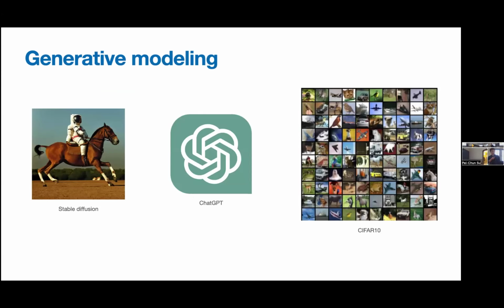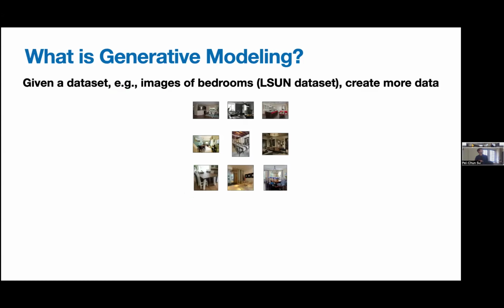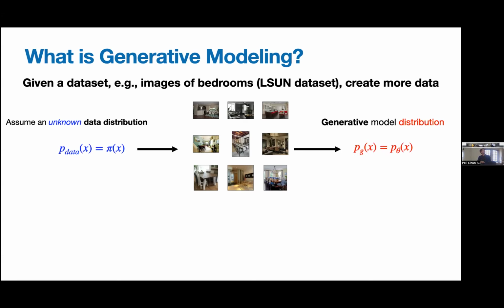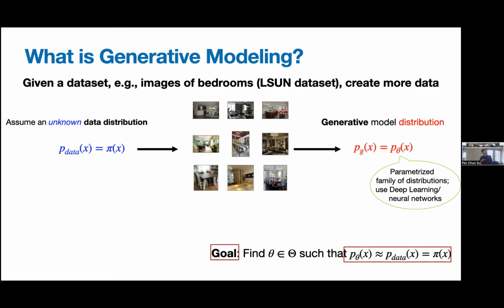Okay, so let me give you a rough picture of what generative modeling is. You know well about ChatGPT or image generation. The overall picture of generative modeling is that suppose you have a bunch of training data drawn from some unknown data distribution, and the goal is to simulate or generate a distribution, typically parameterized by a family of neural nets, that is as close to the unknown data distribution as possible.